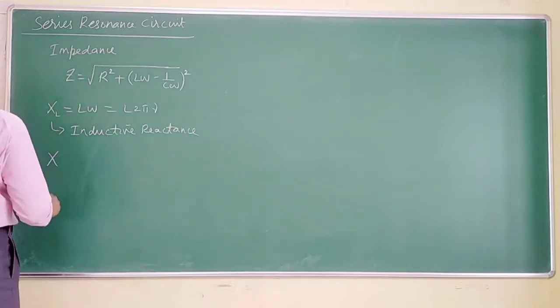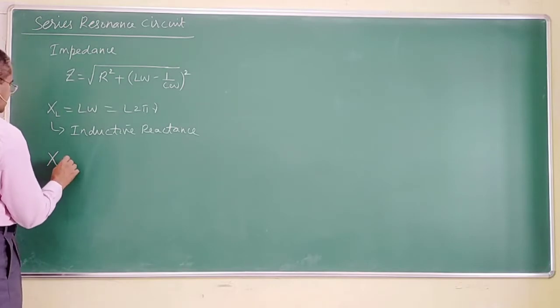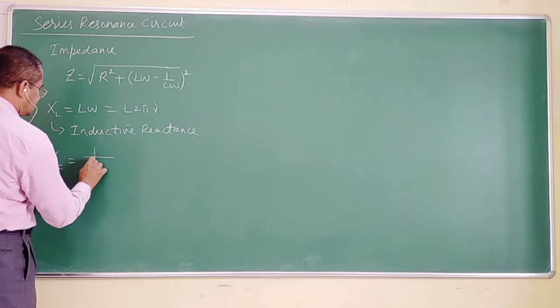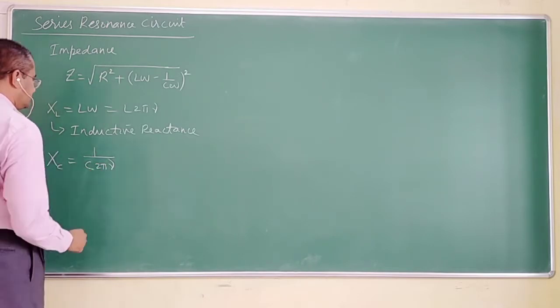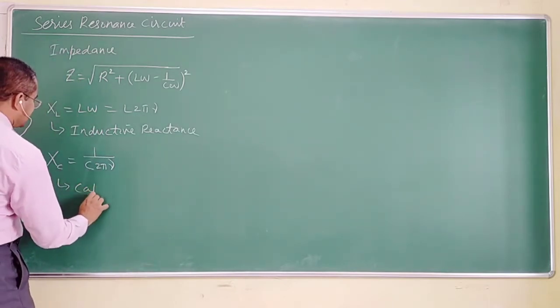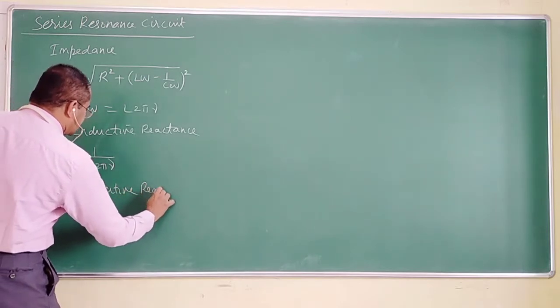Similarly XC is 1 by 2 pi nu C, and this we call capacitive reactance. Is that okay?